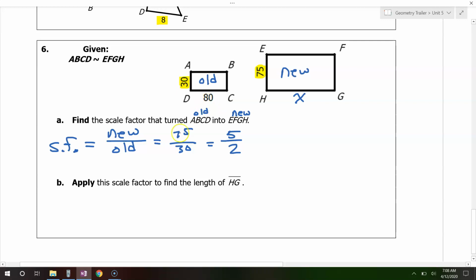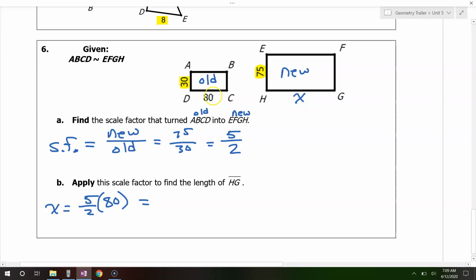So the old is 80. If I take the 80 and multiply it by the scale factor, 5 over 2, that should give me the new length.